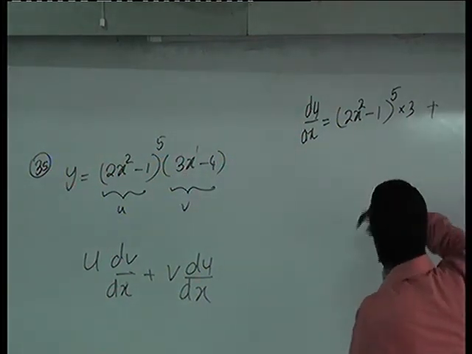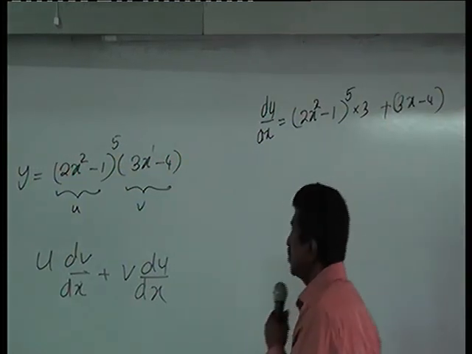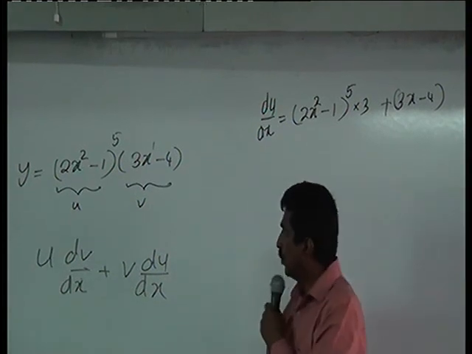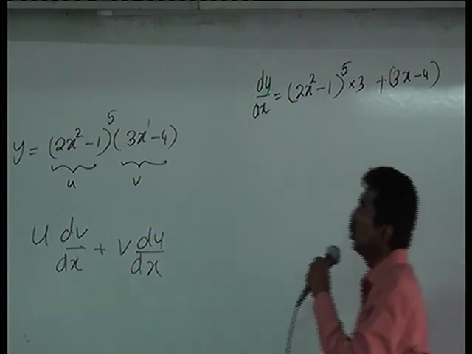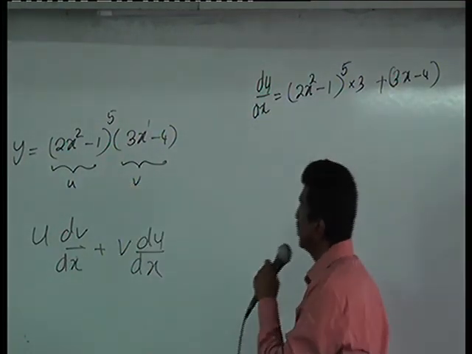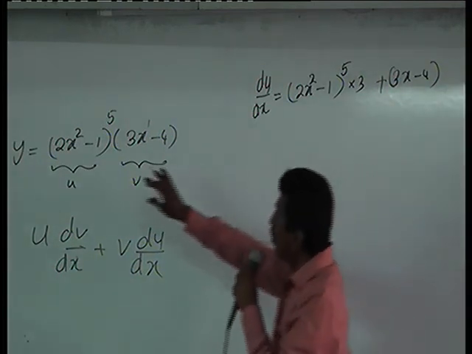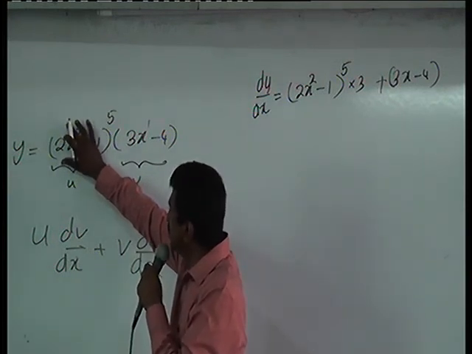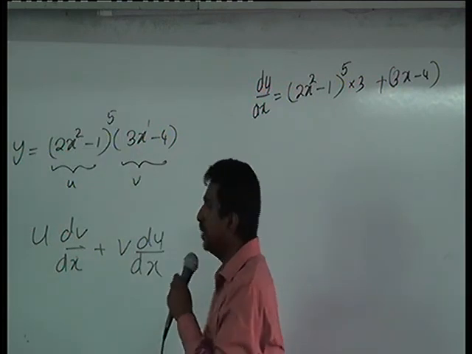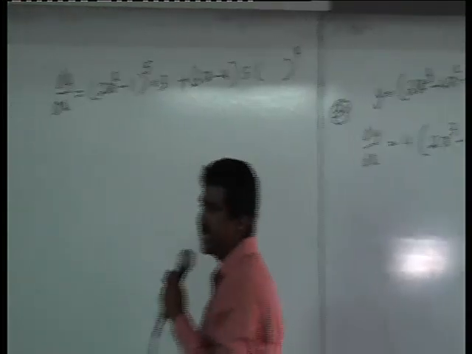Plus the second function, that is 3x minus 4, times the differentiation of the first function. Now you have to apply the function of function rule. So 2x squared minus 1, apply function of function because of the 5. For a moment think this is x. Then differentiation of x to the power 5 is 5x to the power 4, n x to the power n minus 1.